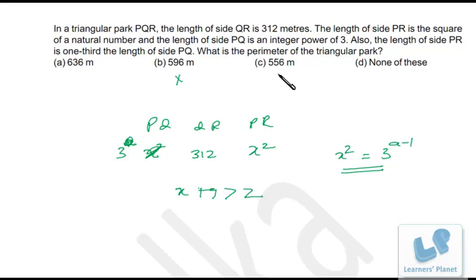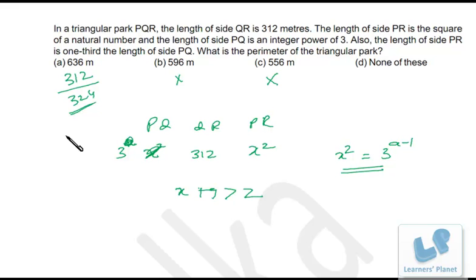So obviously these two options are eliminated, because the sum will be less than 312. Now we have option 1, that is 636, and none of these. So suppose this is the correct answer. If I deduct 312 from it, I get 324. That is the sum of the remaining two sides.